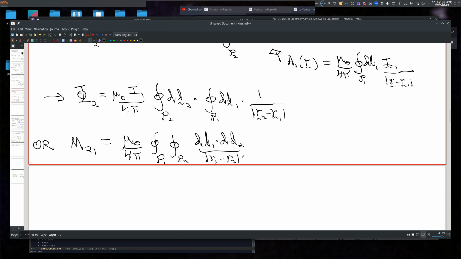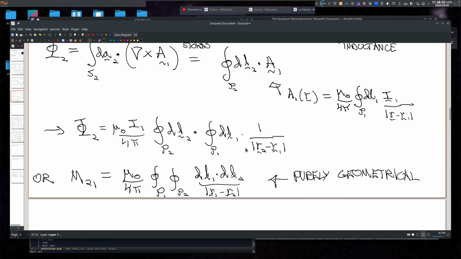This is not an equation that I want you to remember by heart. Just want to write it down to emphasize the fact that it's purely geometrical. Given path P1 and P2, you can compute this inductance here.